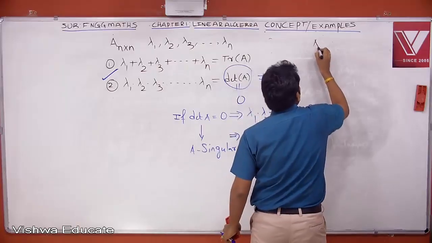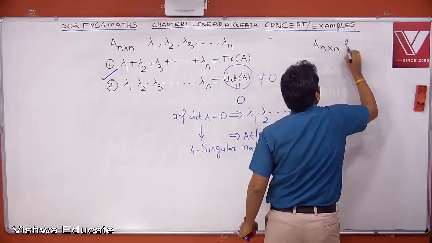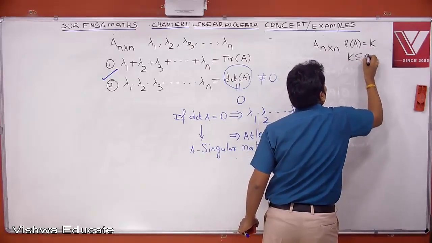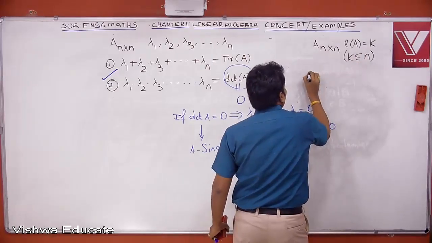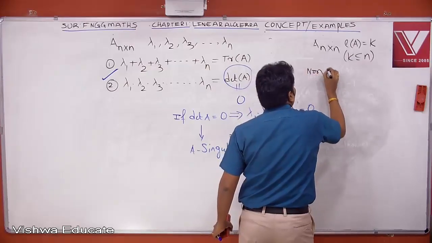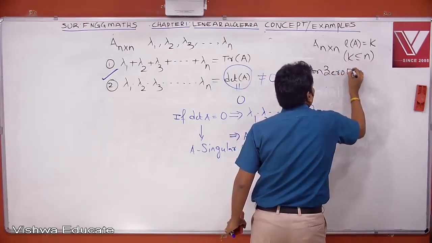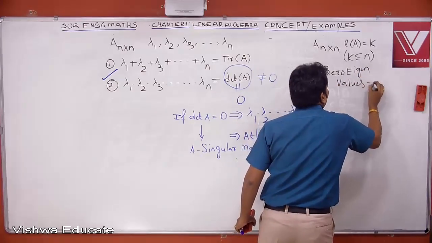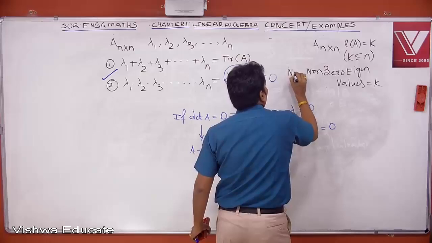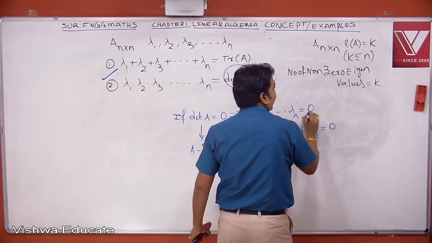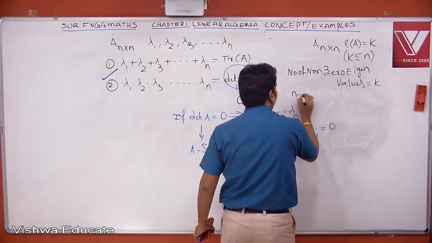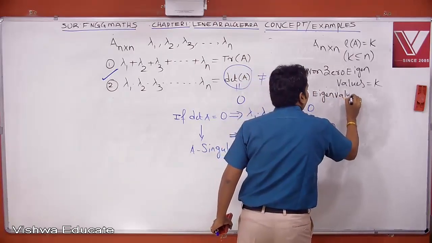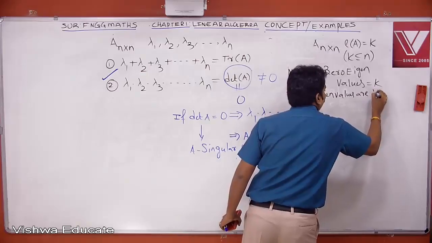If A is an n cross n matrix whose rank is k, where k is less than or equal to n, then the number of non-zero eigenvalues is equal to k, and the remaining eigenvalues are zeros. That is, n minus k eigenvalues are zero.